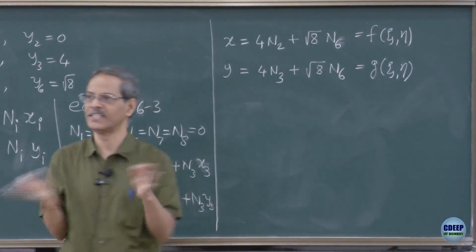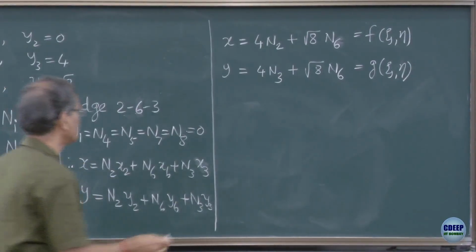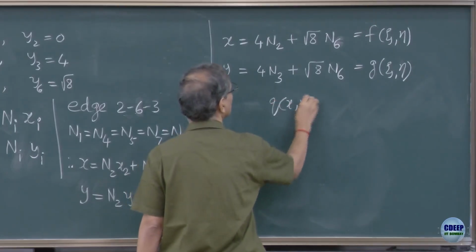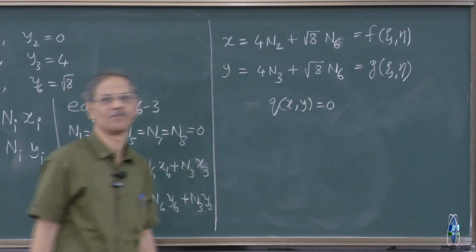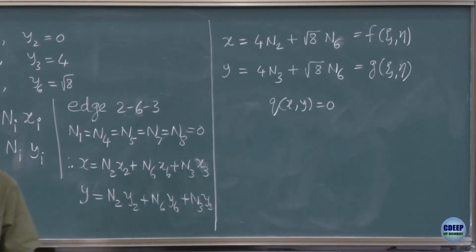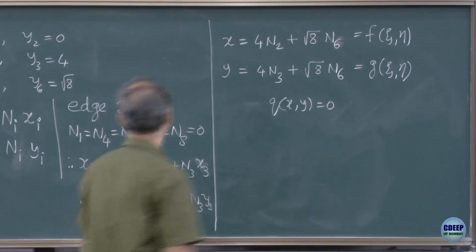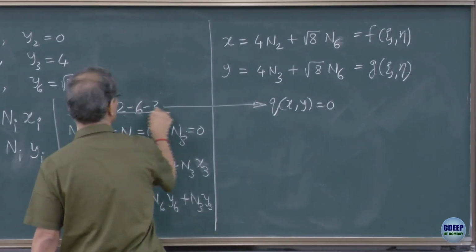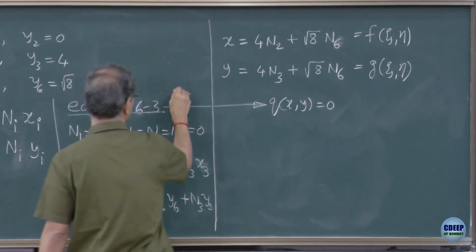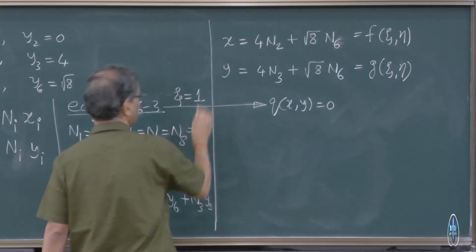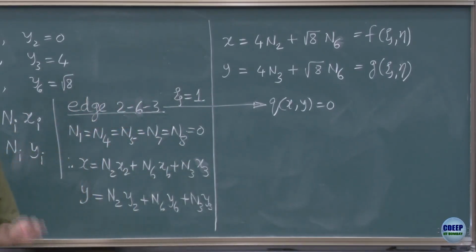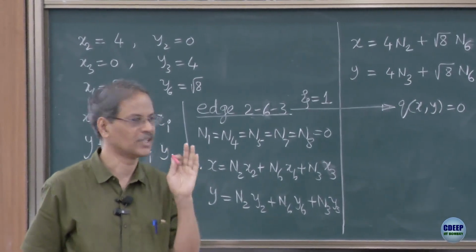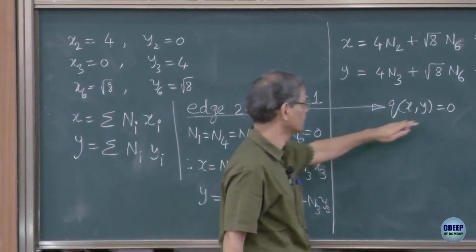So you eliminate zeta eta, you will get this as a function of x, y relation for edge 263. This edge 263, which is zeta equal to 1 in the parent element natural coordinates, would be transformed to some equation here.